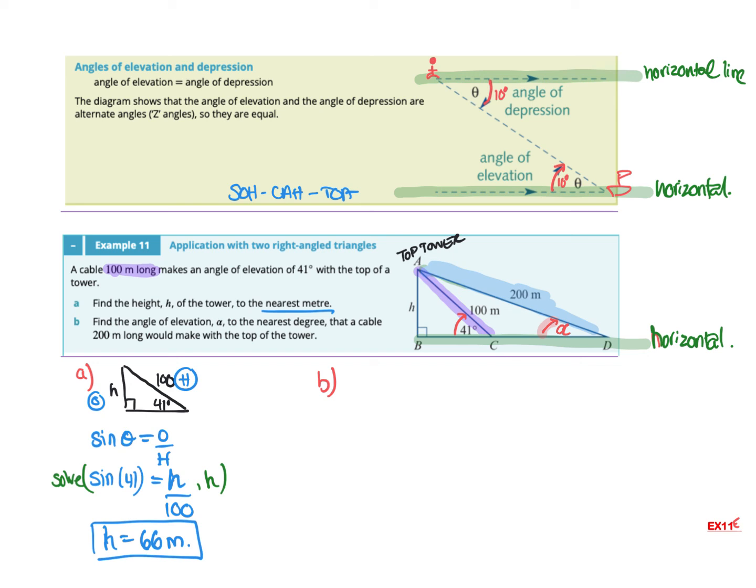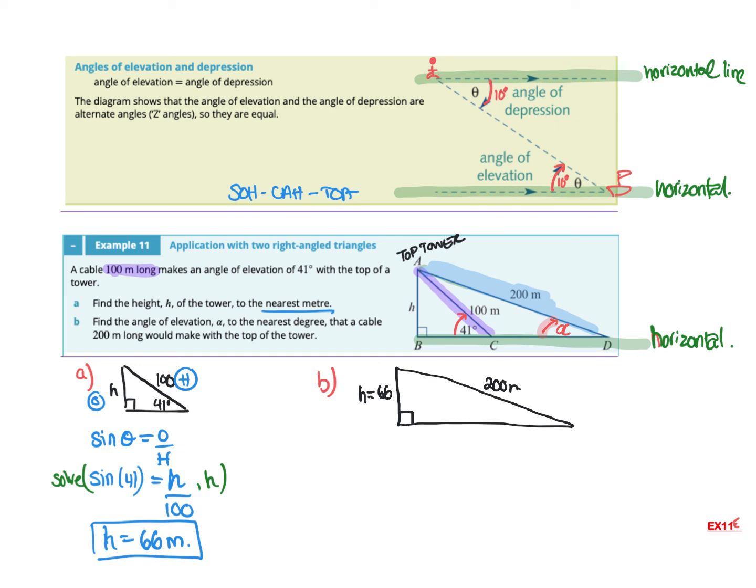So if you have a look there, remember, SOHCAHTOA can only be used on a right angle triangle. So I'm going to have to use that big, long right angle triangle. So this is the 200 meters. This is the height of the tower, which you now know is 66.